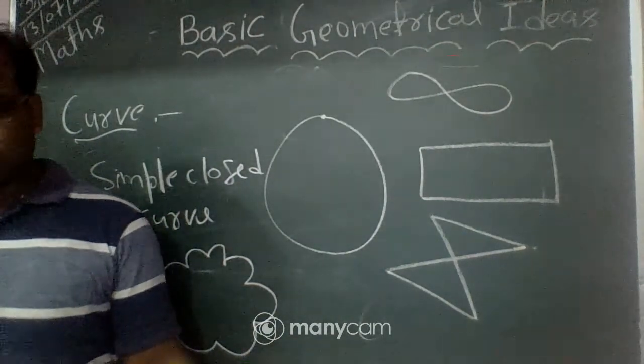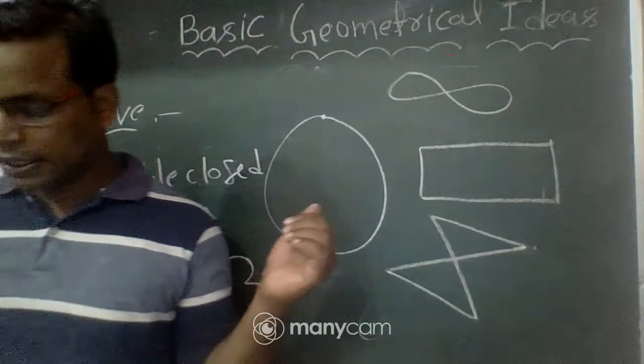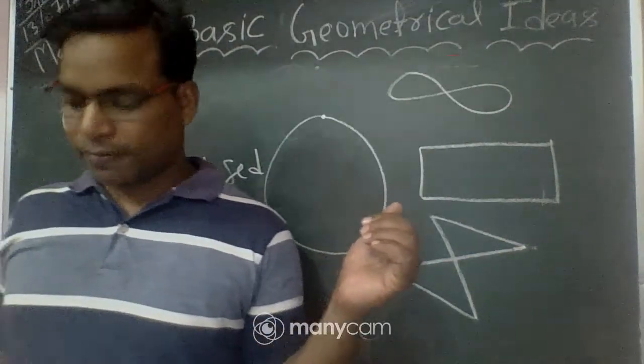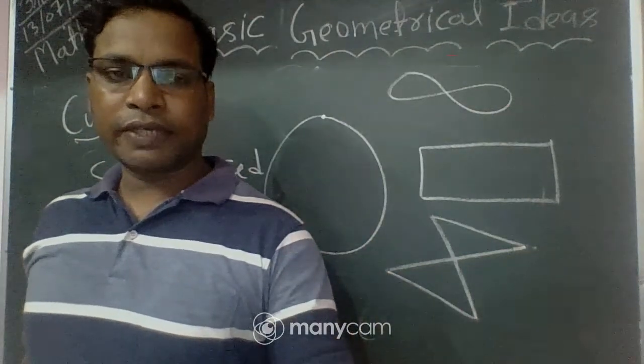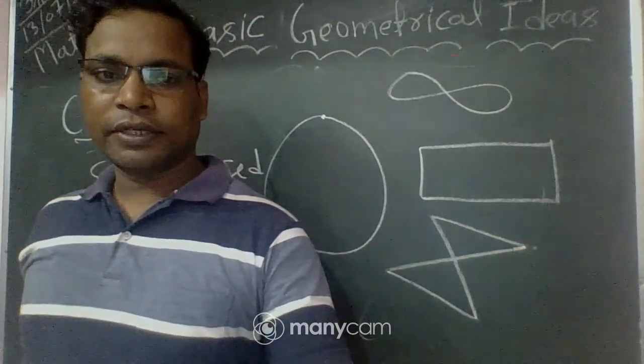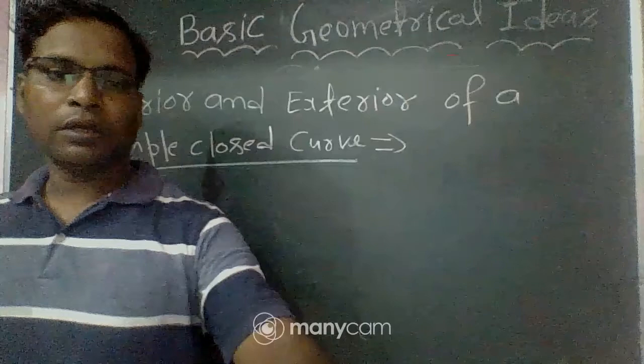Now we are going to discuss the exterior and the interior points of a simple closed curve. So let's see what the exterior and the interior are. This is a curve.